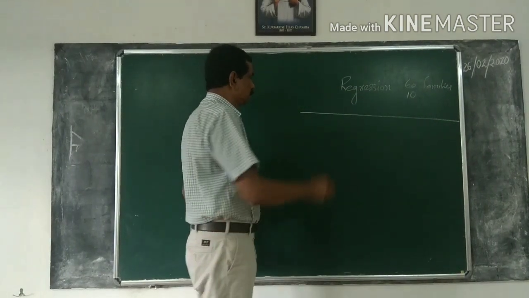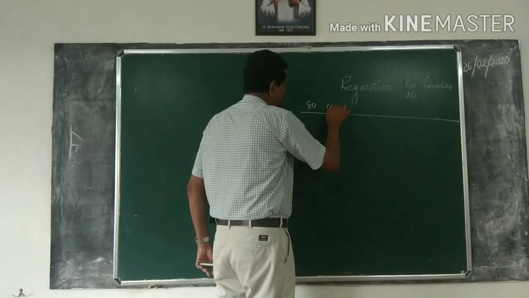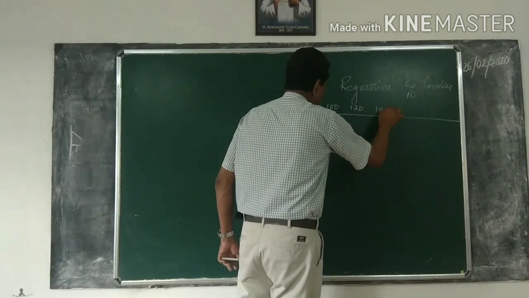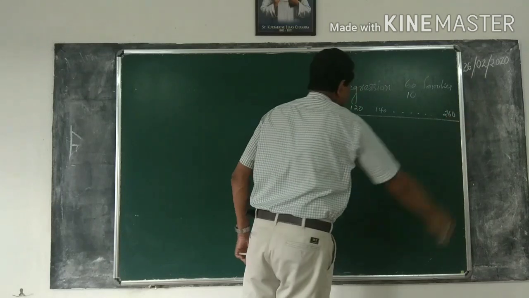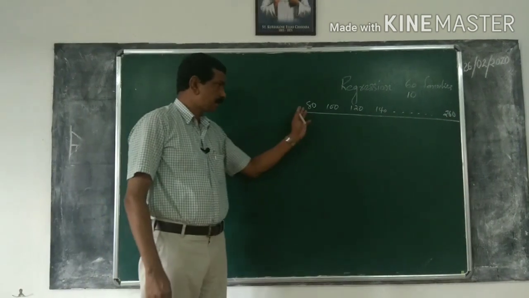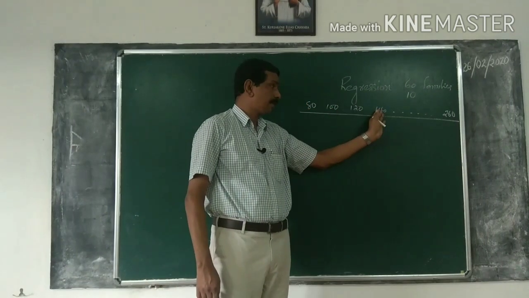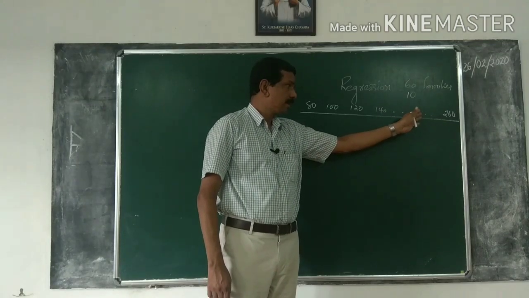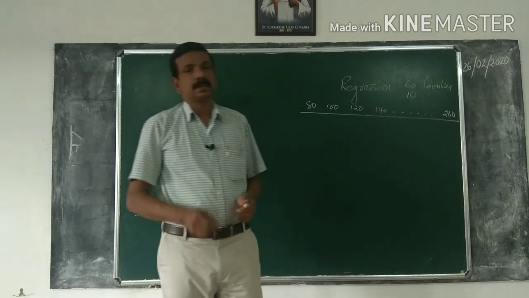Suppose the 10 income groups are 80, 100, 120, 140, 160, 180, 200, 220, 240, 260.